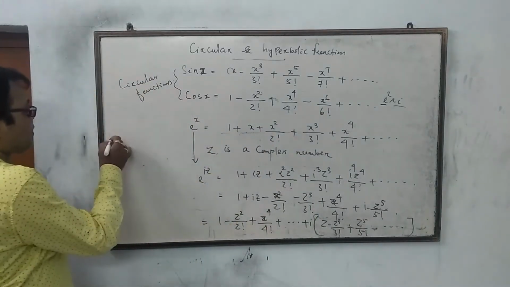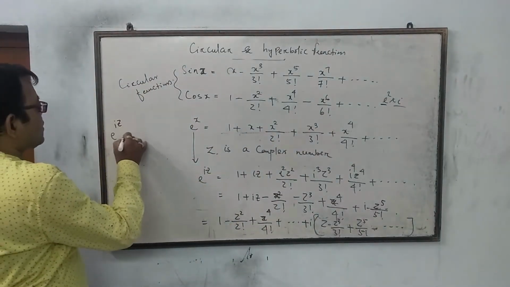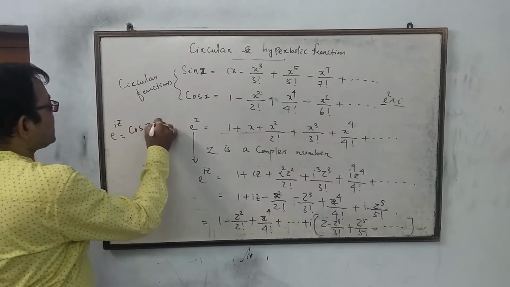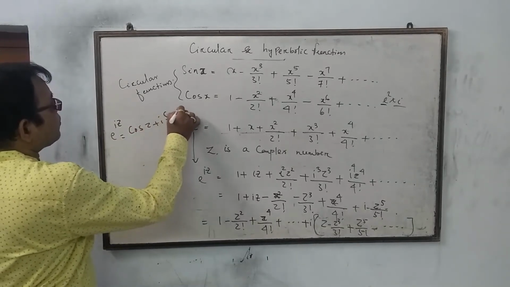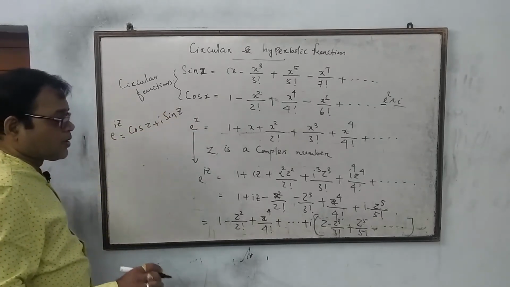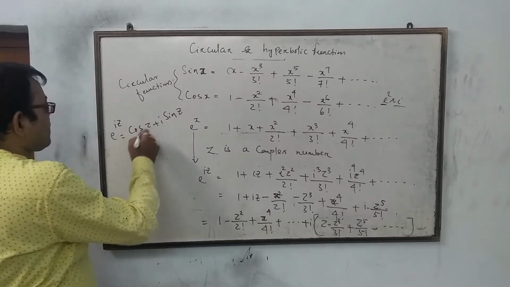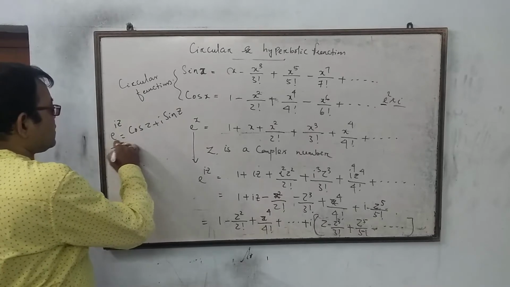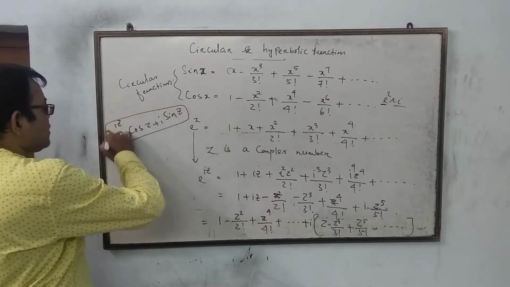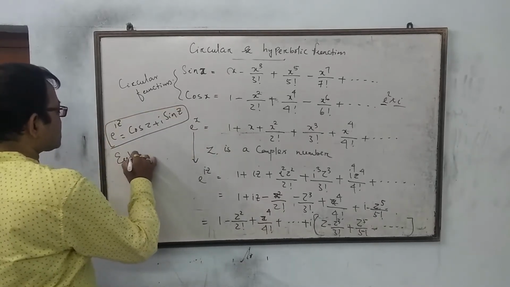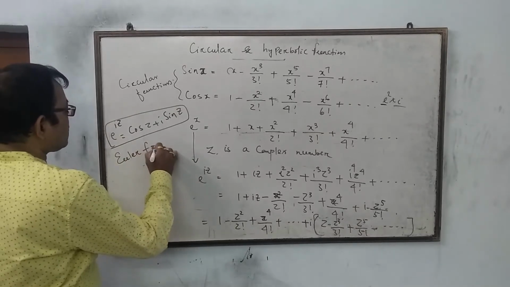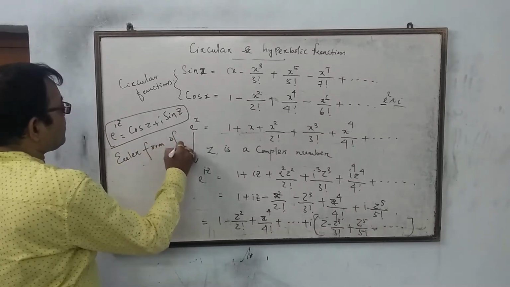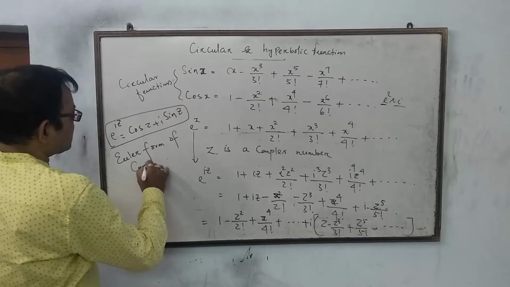So e to the power of iz now becomes cos z plus i sin z, what we have studied in your plus 2 level. e to the power of iz is equal to cos z plus i sin z. This is the Euler form of the complex number.